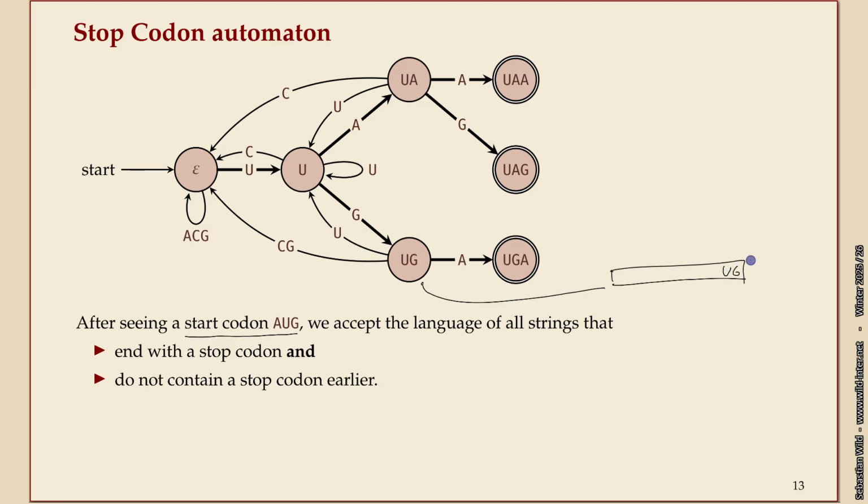And now there's a new letter coming, maybe a U. What's the best guess? What's the longest beginning of any stop codon that I could have seen at this point? And that's only U. U might be the first letter of any of these. The UG is not going to lead anywhere, so I'm forgetting it. Is the automaton kind of clear?